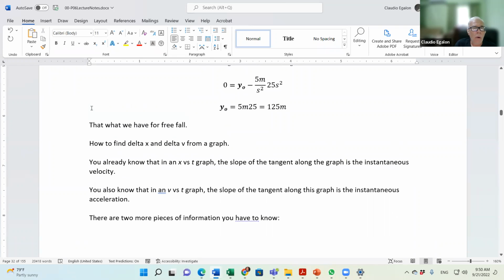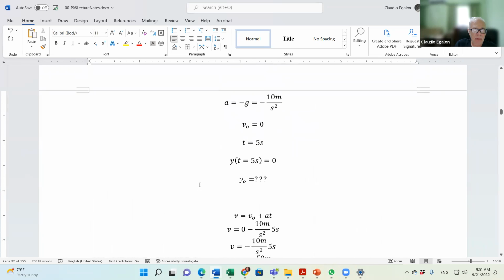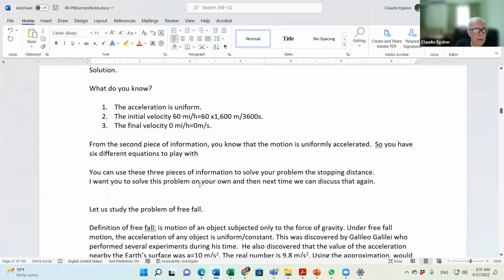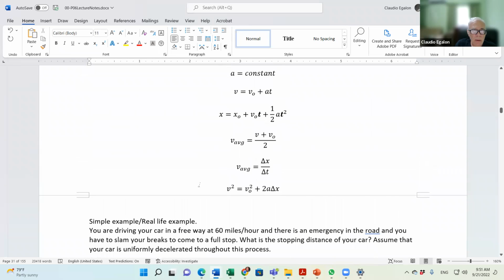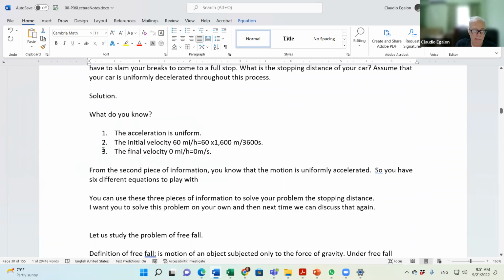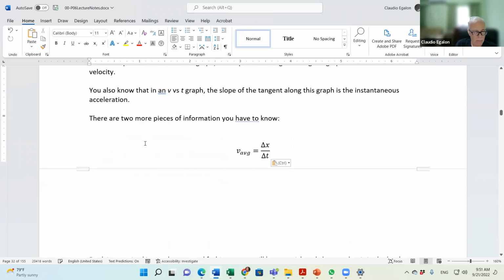Just recall the definition of average acceleration, right? Or average velocity. Let's go get it here. And average acceleration as well. Let me see, here you go. Average velocity. We start with average velocity here.